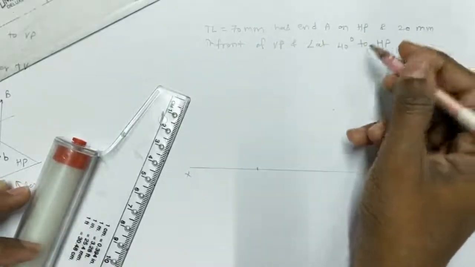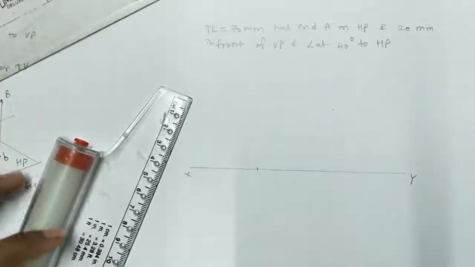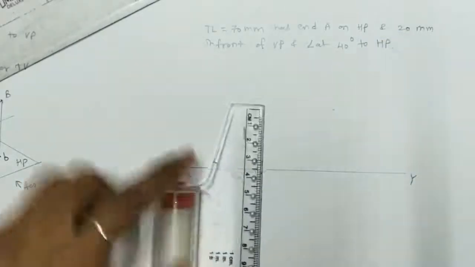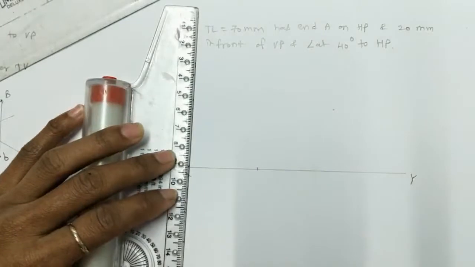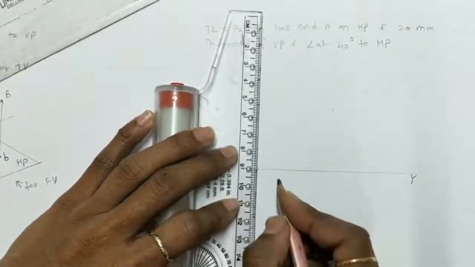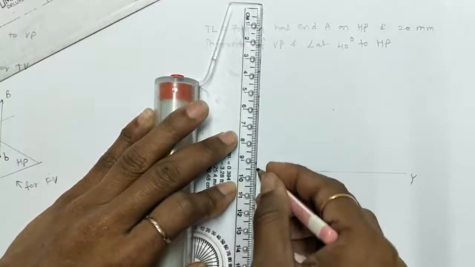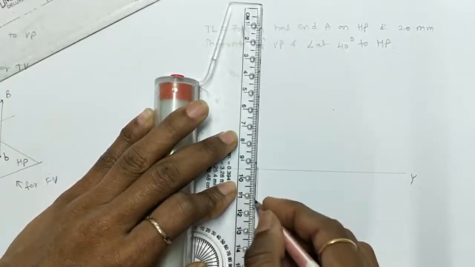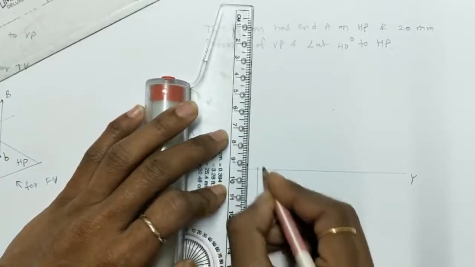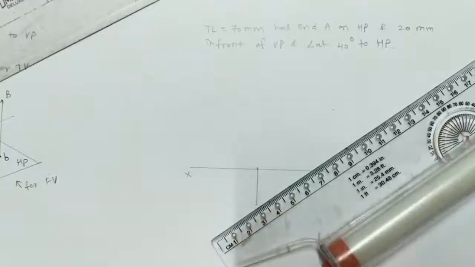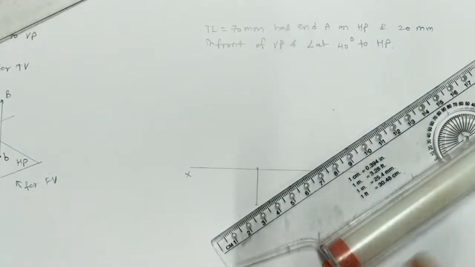And A on HP and 20 mm in front of VP. So 20 mm distance below the XY line. So I will measure 20 mm from this point. So this is 20 mm below the XY line. Now the true length of the line is given as 70 mm.